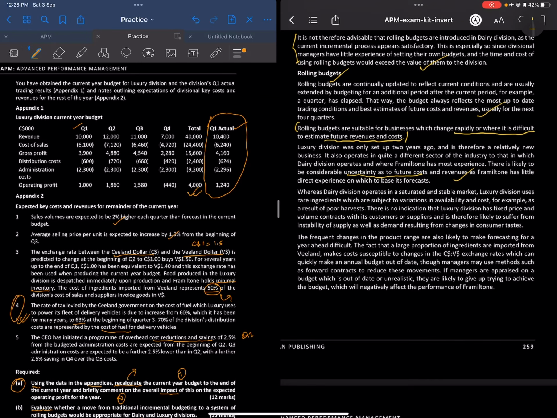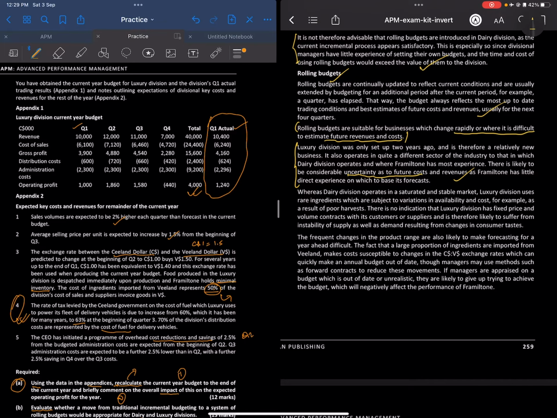So I think in my analysis, I did not think this through, okay? Because when I was analyzing it, I had seen that this division was established 2 years ago only. I should have thought what could be the implications in terms of incremental or rolling budget.